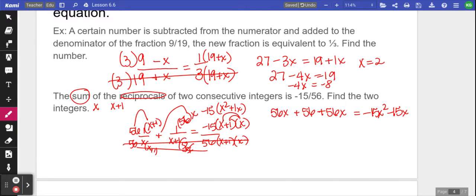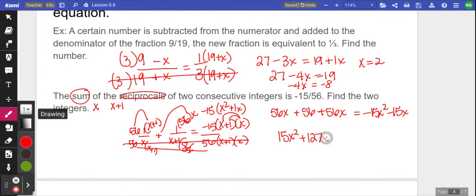Adding my 15x squared and my 15x to the left side will let me set this equal to 0 to solve. 56 plus 56 plus 15 is 127. Plus 56 equals 0.